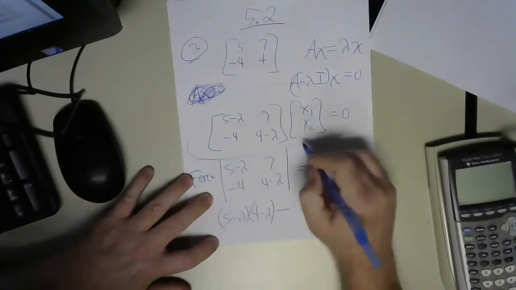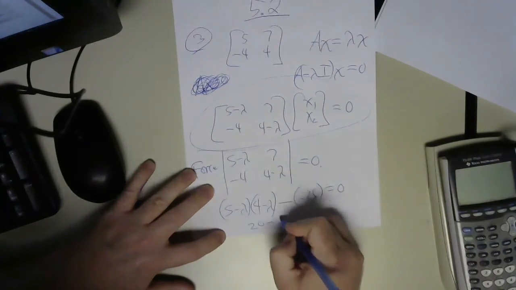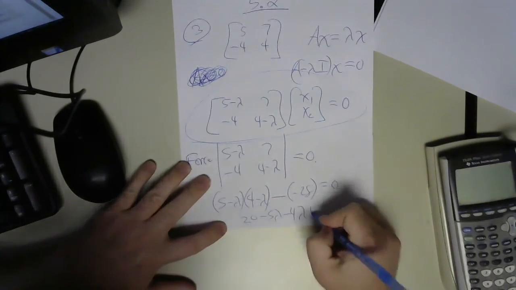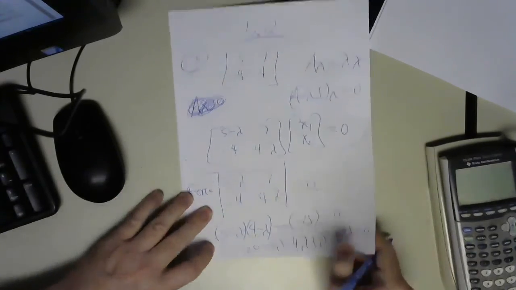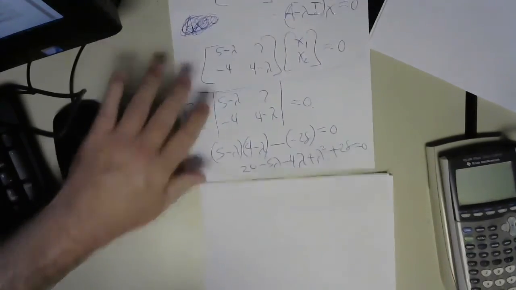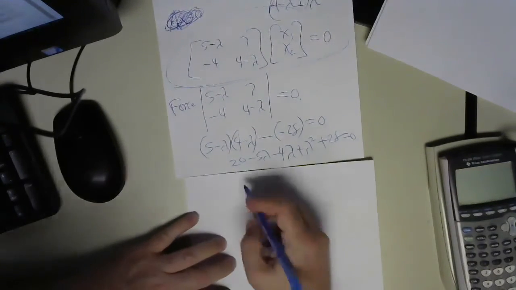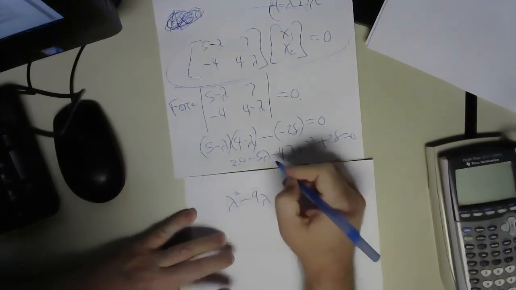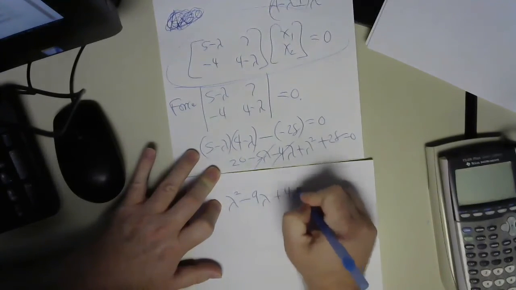So that minus negative 28, and that'd be 20 minus 5 lambda minus 4 lambda plus lambda squared plus 28. So whatever lambdas will satisfy that equation will be eigenvalues. Should kind of make sense. And it looks like minus 9 lambda if you combine these guys, and 48 is the constant.